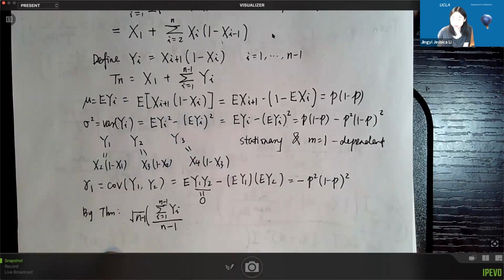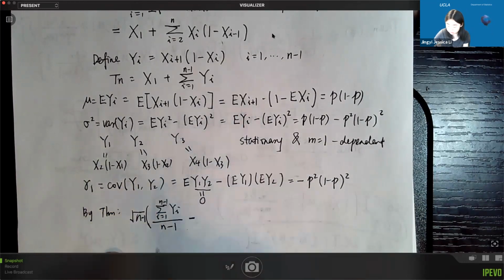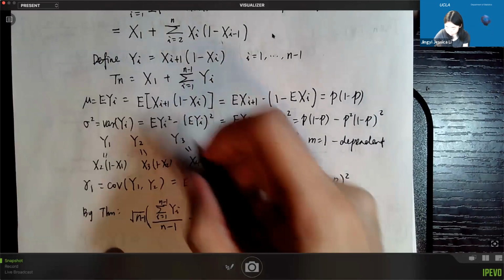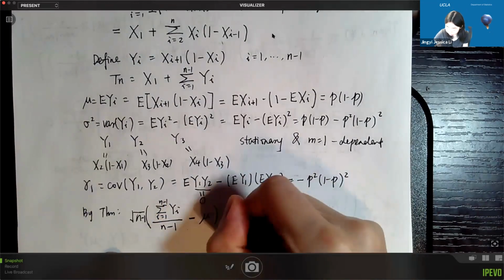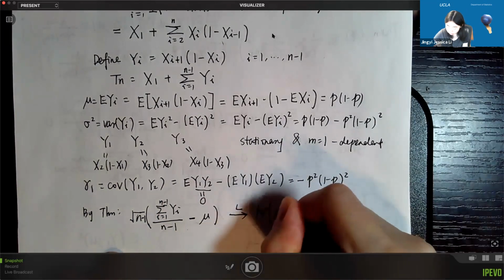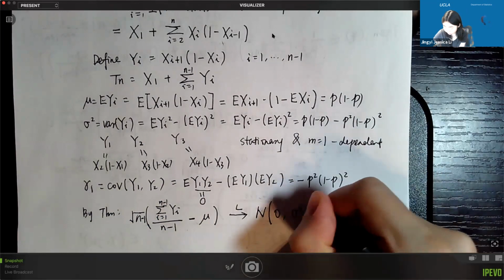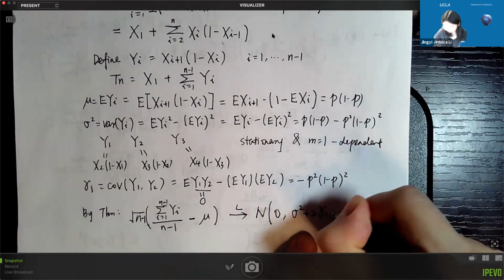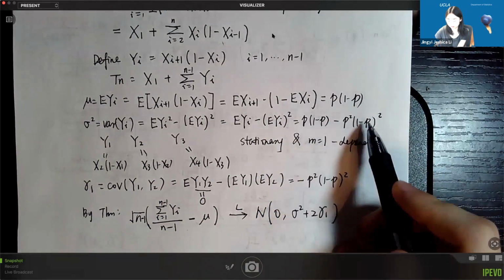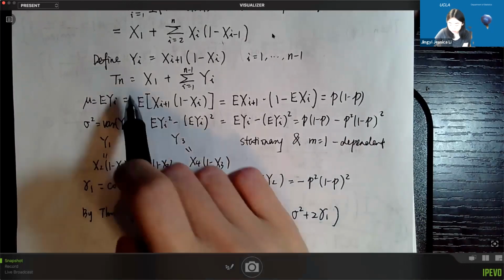That's the sample average minus the mean, mu, converge in law to a normal distribution with mean 0 and variance sigma squared plus 2 times gamma 1. And I have everything calculated. I just need to plug them in. That's it. So you see, I get the asymptotic distribution of this.